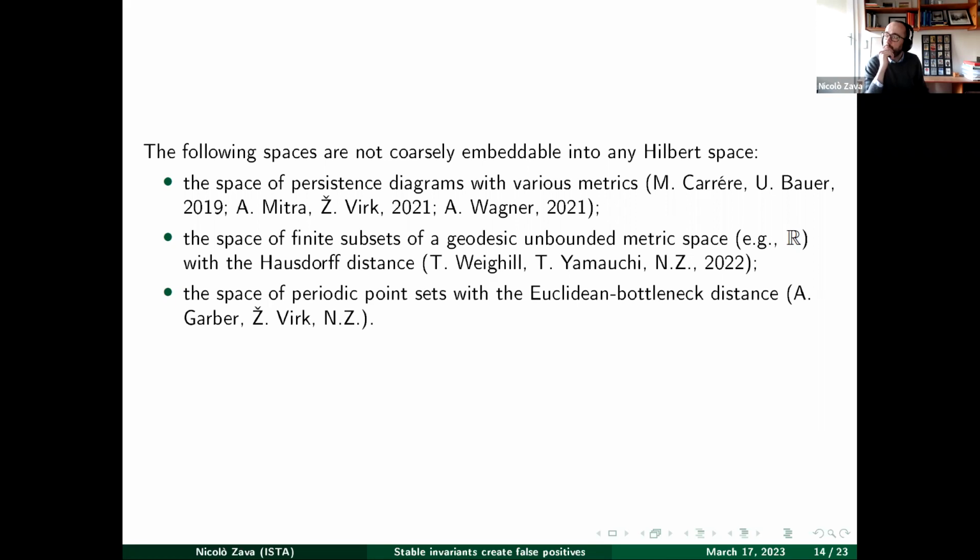So there is a problem with the distortion.